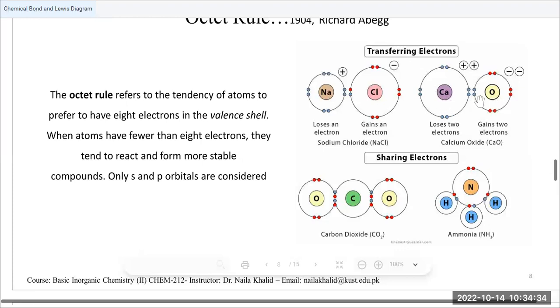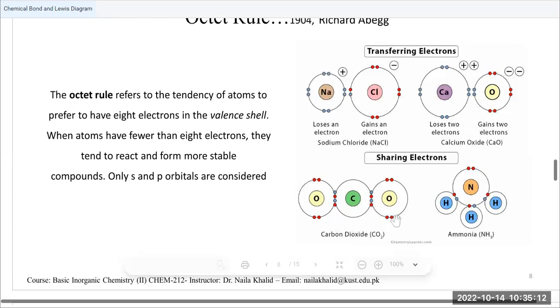A bond is also formed by the sharing of electrons. That sharing will also satisfy both atoms in such a way that it will fulfill its octet. It will also fulfill its octet. So in this way, the carbon, which has 4 electrons in its outermost shell, will share its 4 electrons with the 2 oxygen on both sides, and you can say that it will have 8 electrons in its outermost shell after sharing.